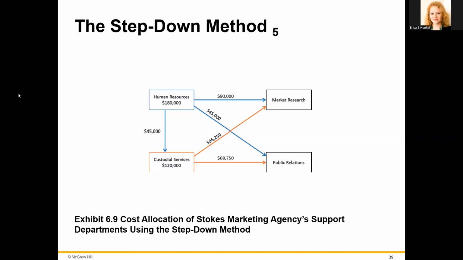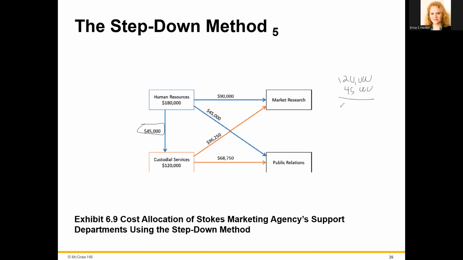If we add up here, in total we're going to assign out not just the original custodial services, so we also have to allocate out the human resources that were assigned to custodial services. So when we look at this from a math perspective, we've got 120,000 originally for custodial services, but then they had this $45,000 that was assigned to them from human resources.